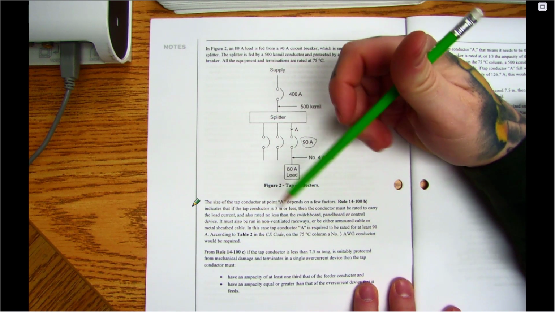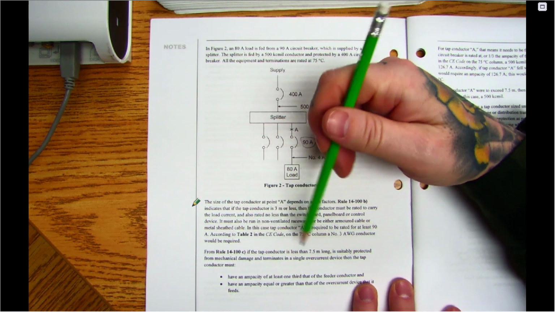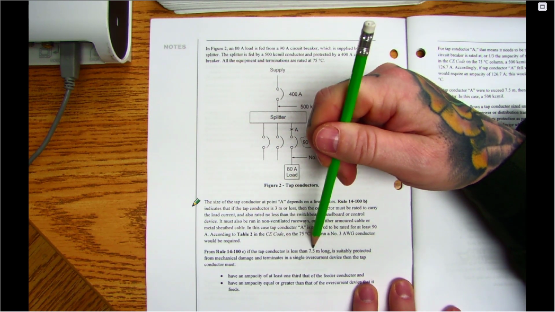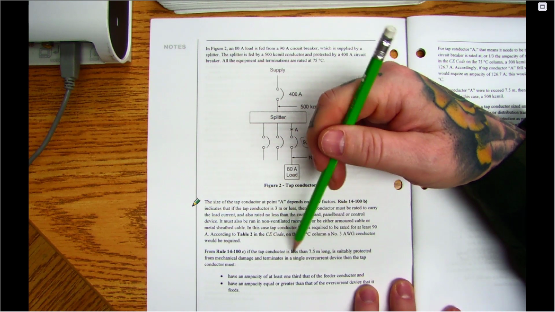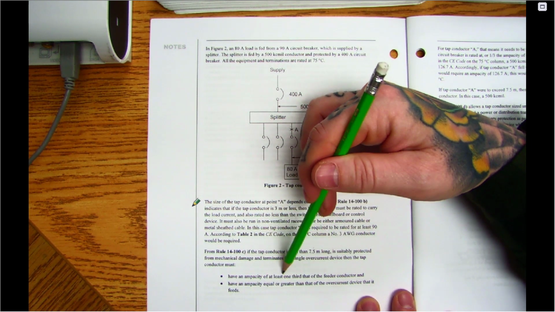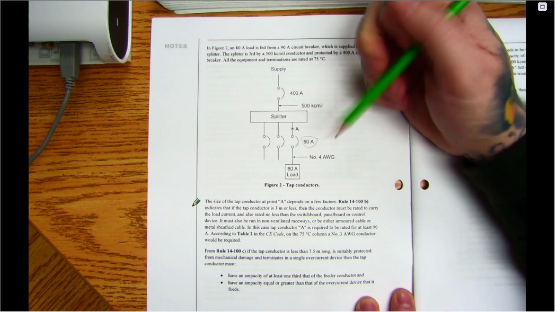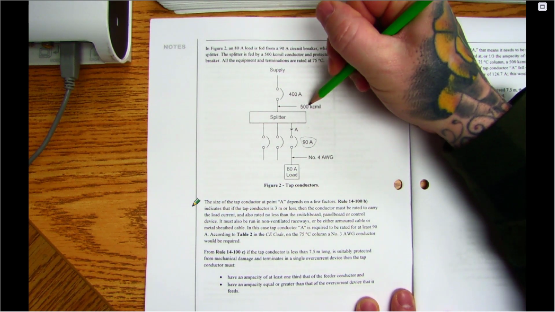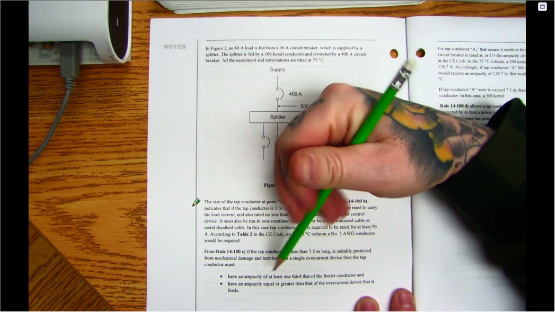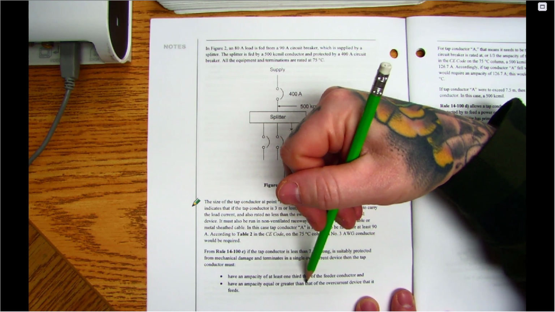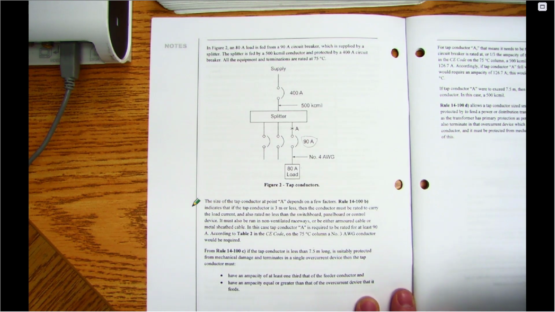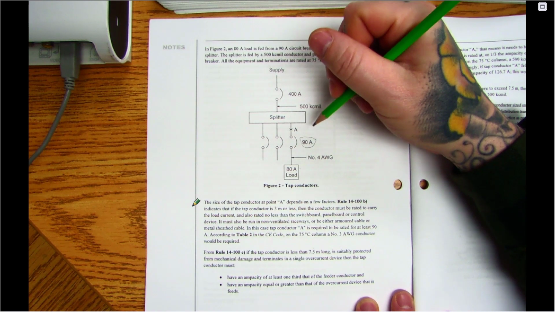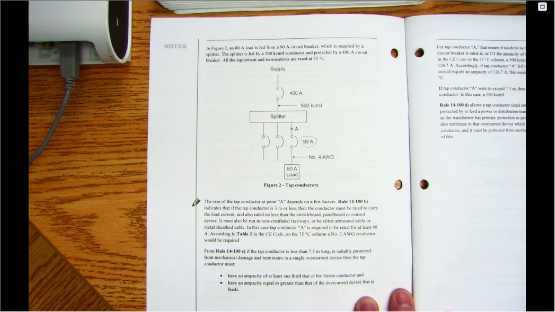14-100(c) is saying where the smaller conductor is less than 7.5 meters, is suitably protected, okay, and has an ampacity of at least 1/3 that of the feeder conductors. So these are the feeder conductors, the 500 kcmil, and has an ampacity equal to or greater than that of the overcurrent device that it feeds, which in this case again would be that 90.